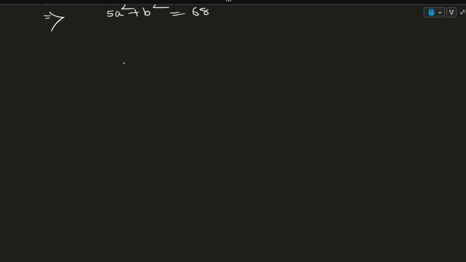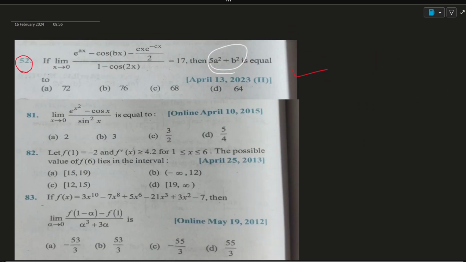Now we'll solve another question. Now it is this one, 81.